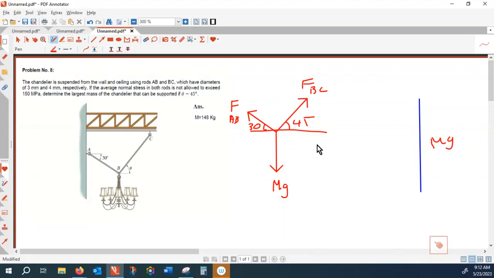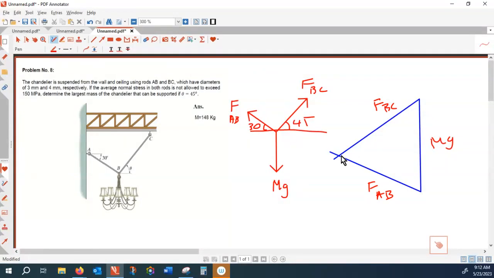From one end, I draw parallel to FAB. And from the other end, I draw parallel to FBC. And as such, this one becomes FBC, this one becomes FAB.